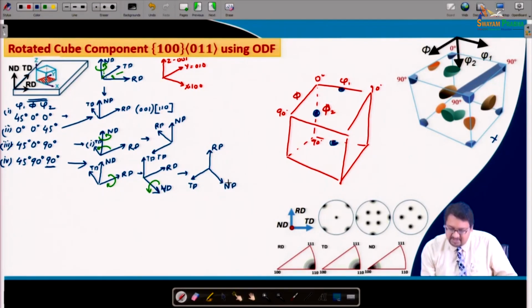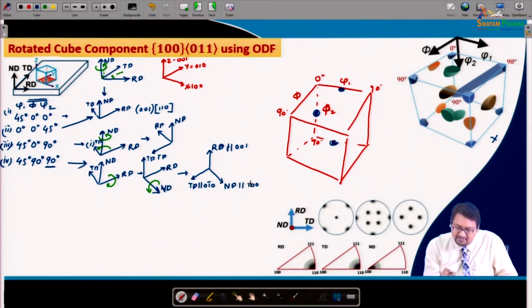So, you see that this time R d is parallel to 0 0 1, whereas T d is parallel to 0 1 bar 0 and N d is parallel to 1 0 0.